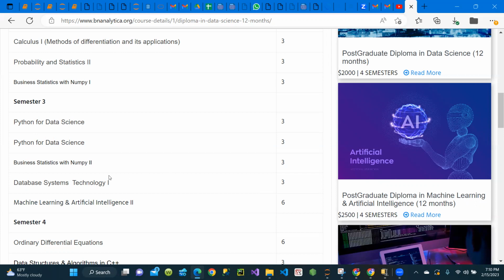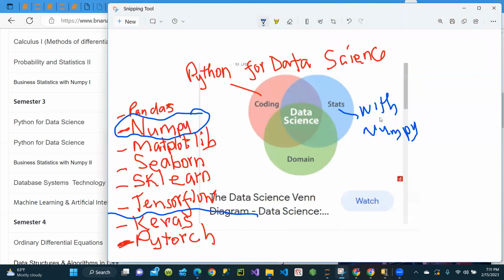You get what I'm saying? Yes, sir. Okay, so your next one is business statistics with NumPy. That is why, when you come to the Venn diagram here, statistics. So here it is, business statistics with NumPy. You have to know how to use this library to compute your variables in statistics.